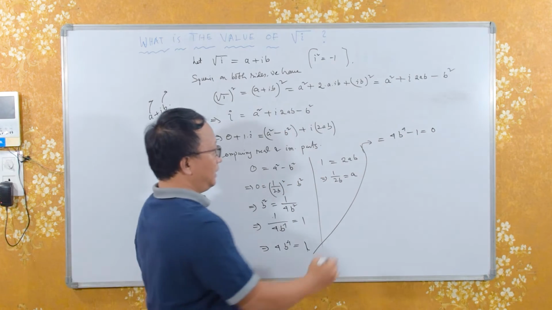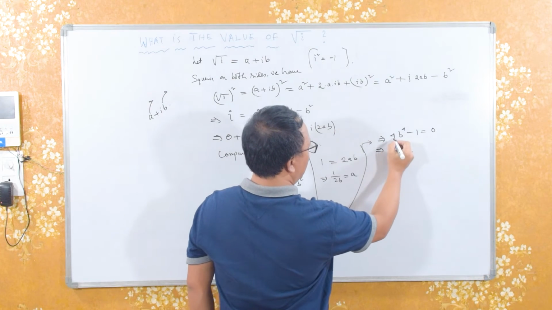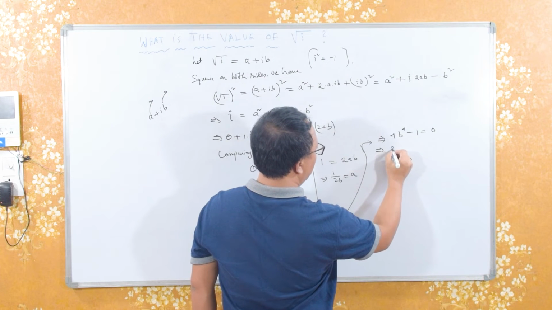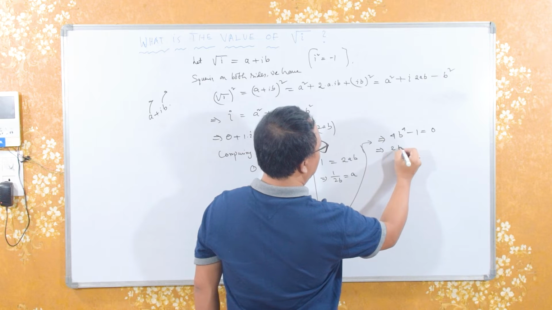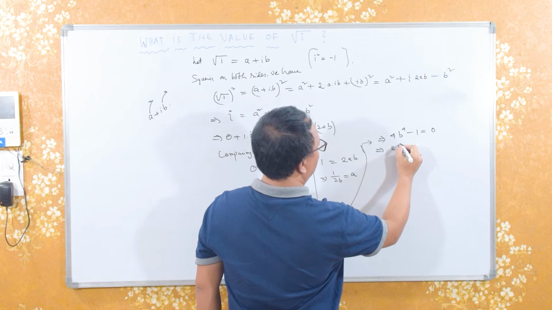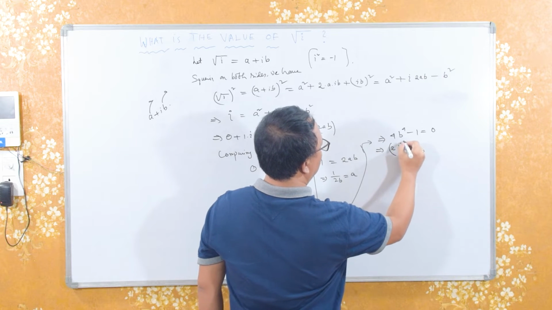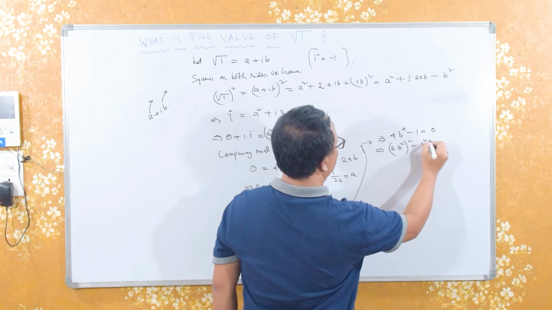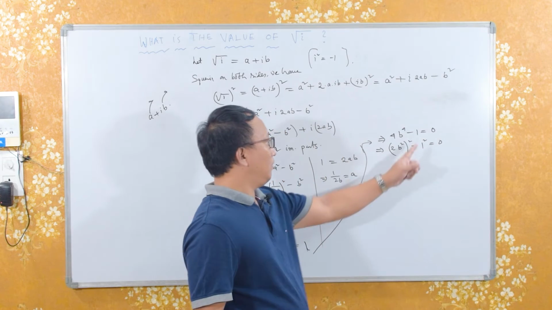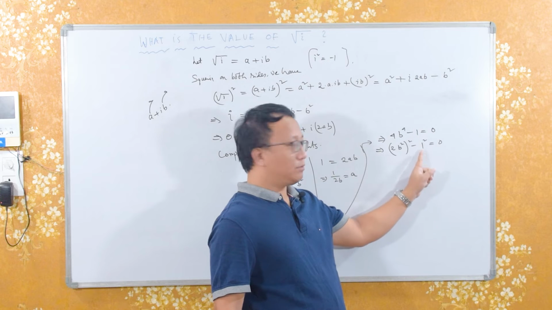I can write 4b⁴ − 1 = 0 as (2b²)² − 1² = 0, since 1 is the same as 1².